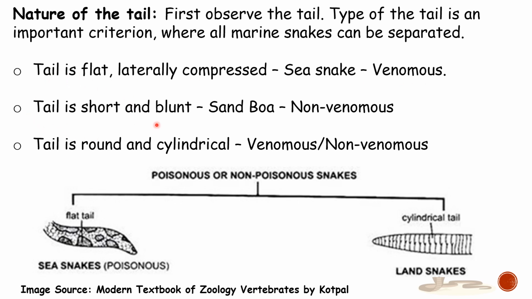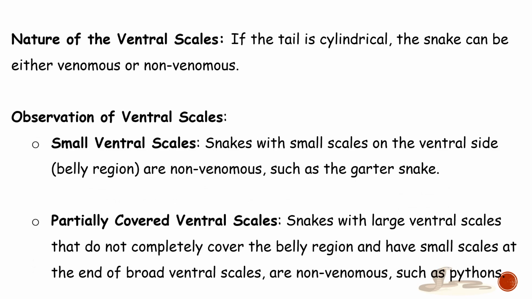If the tail is short or blunt, it is non-venomous. The character that needs further examination is the round or cylindrical tail.